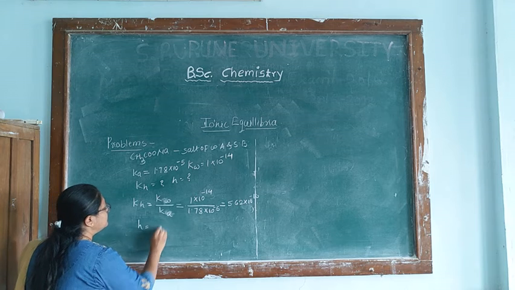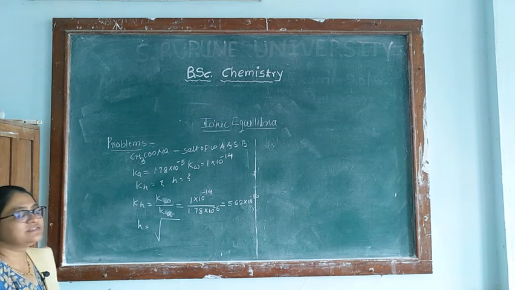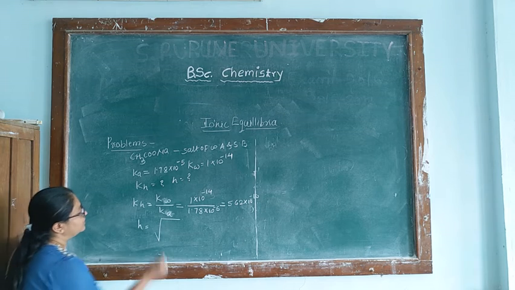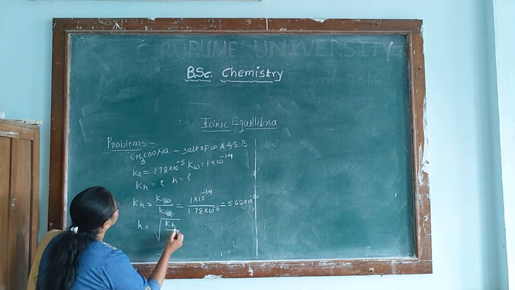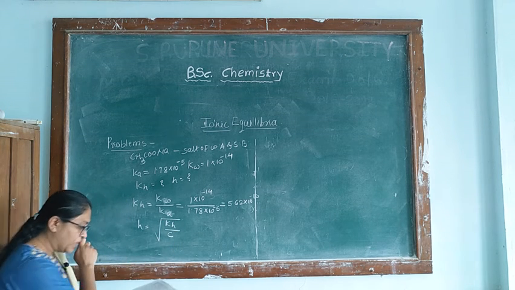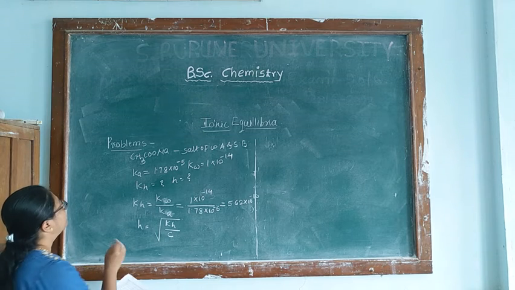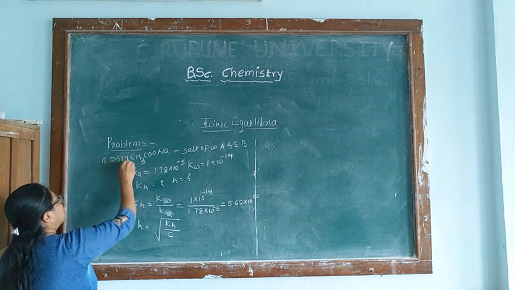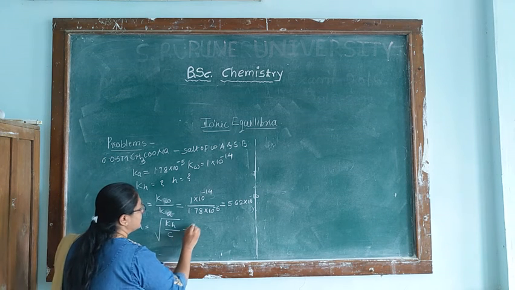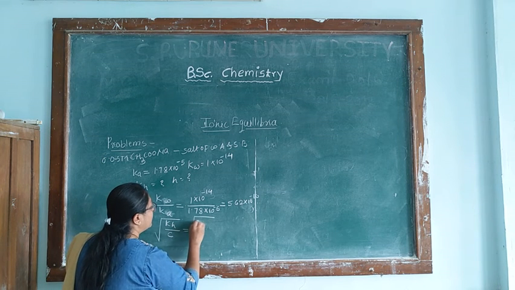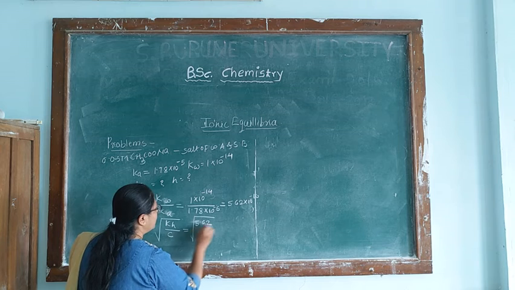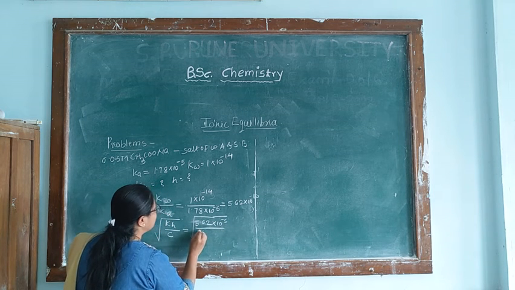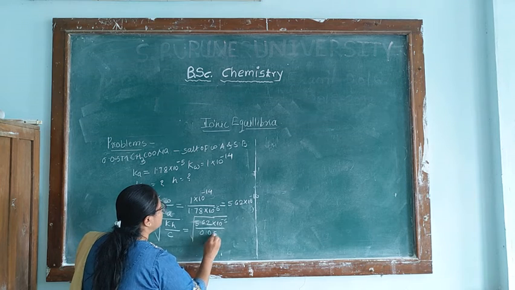Now h, the degree of hydrolysis, is equal to the square root of the hydrolysis constant divided by the concentration. Here in the problem we have 0.05 molar sodium acetate, that is the concentration. So the square root of 5.62 into 10 to the power minus 10 divided by C, where the concentration is 0.05.